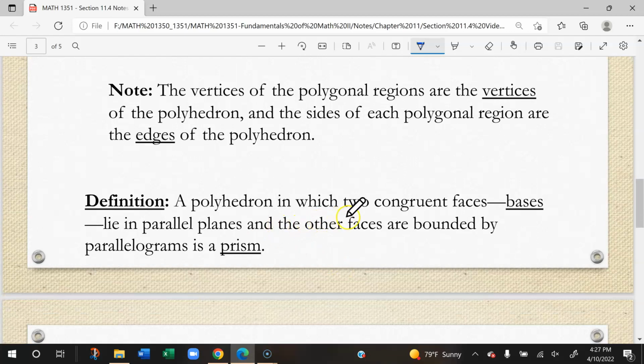A polyhedron in which 2 congruent faces, the bases, lie in parallel planes and are bound by parallelograms is called a prism.